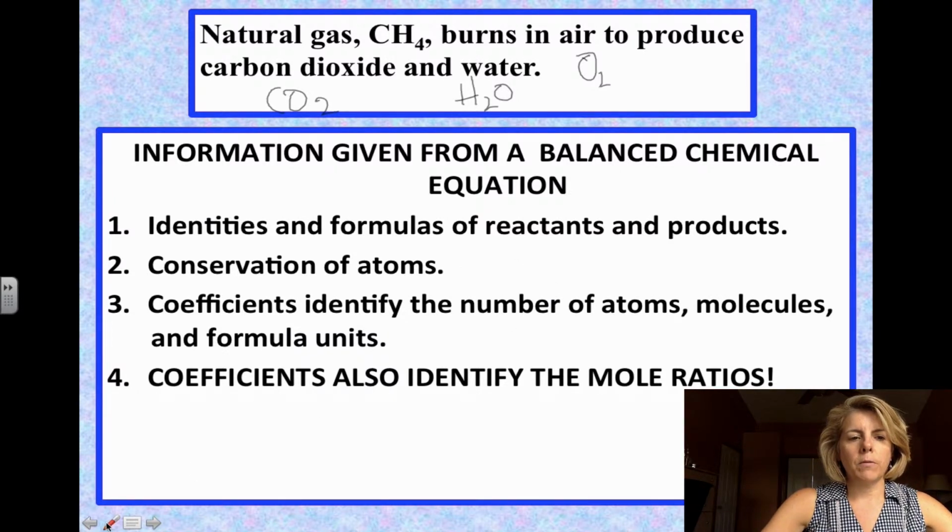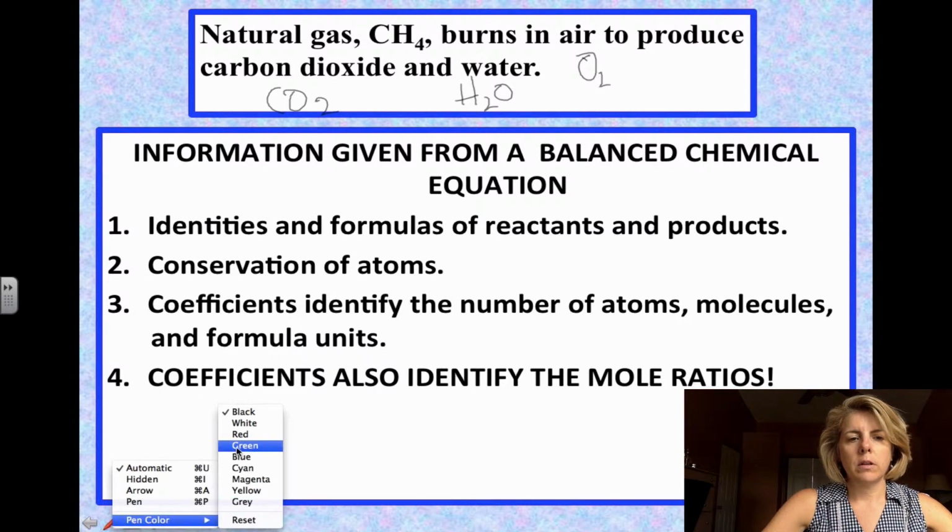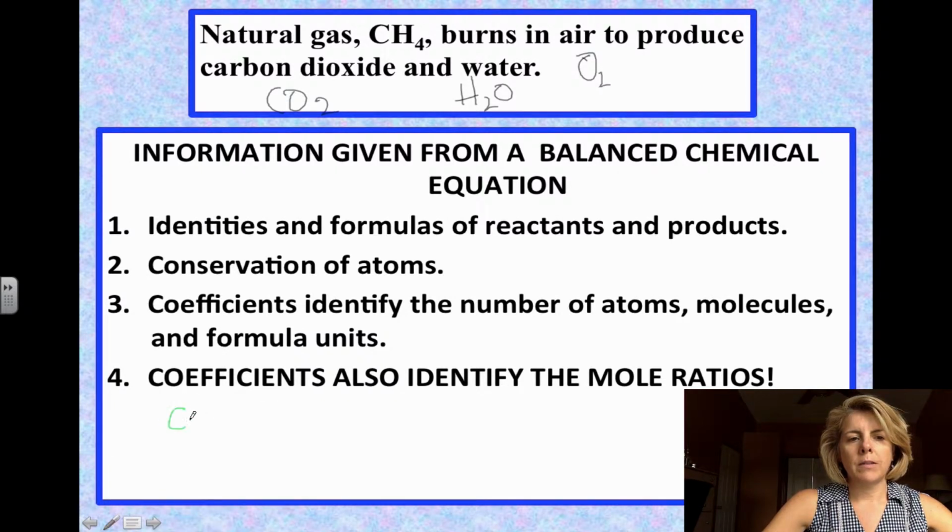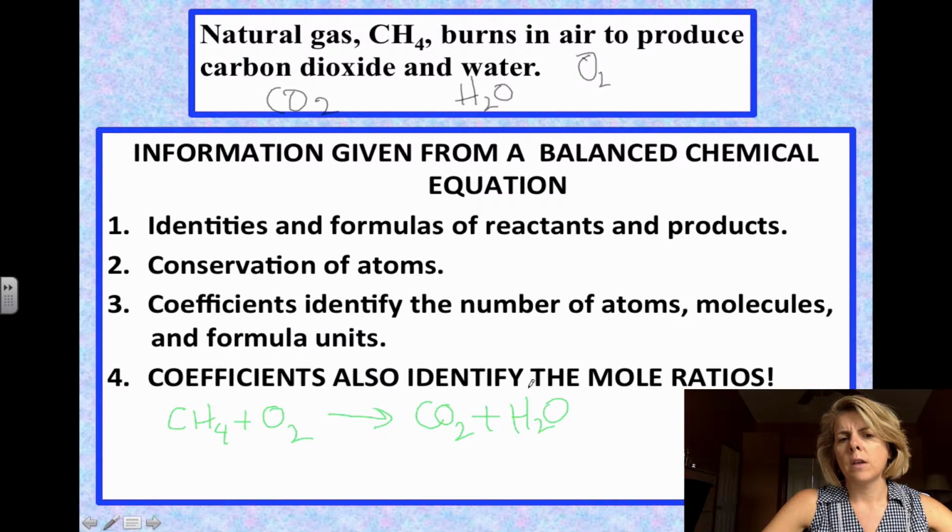Now let me just show you here. For the chemical equation, if we write CH4 plus O2 yields, or reacts, gives us CO2 plus H2O. The question is, do we have the right number? Here we have one carbon, one carbon.